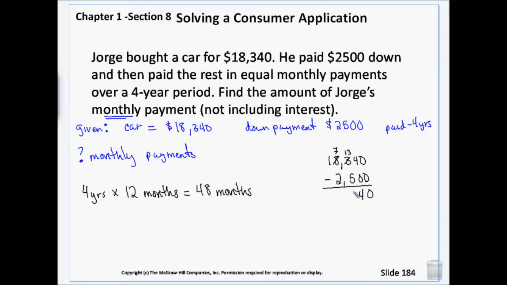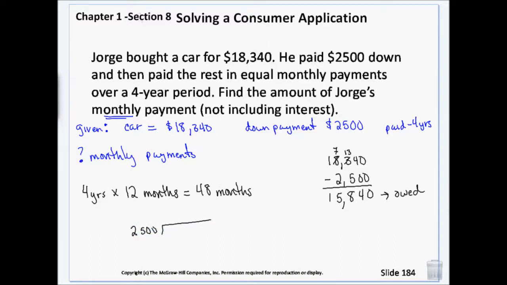So 13 minus 5 is 8, 7 minus 2 is 5. So this is how much he still owes after his down payment. So then if I take that 15,840 and I divide it by 2,500.